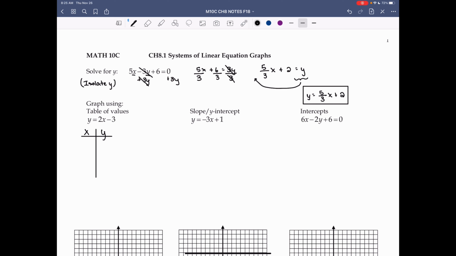So I might go negative 2, and then I sub that into my equation. My equation is y equals 2x minus 3. So I put in negative 2 for x, I get y equals 2 times negative 2 minus 3.